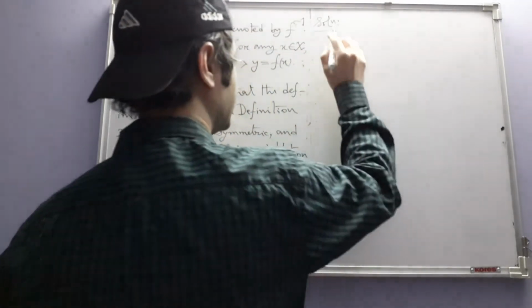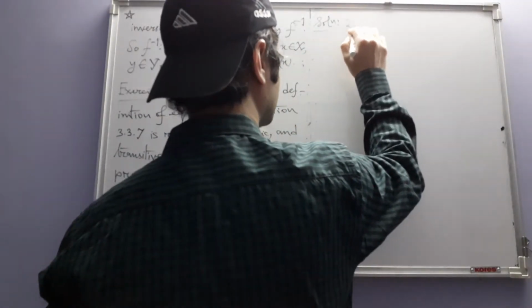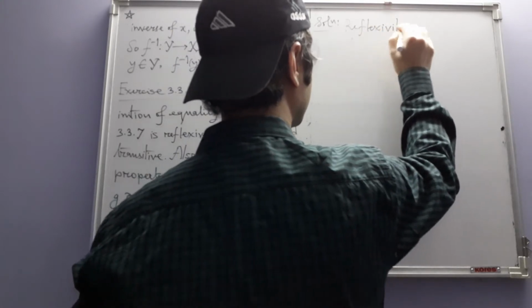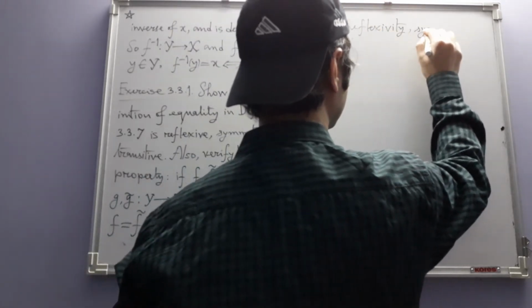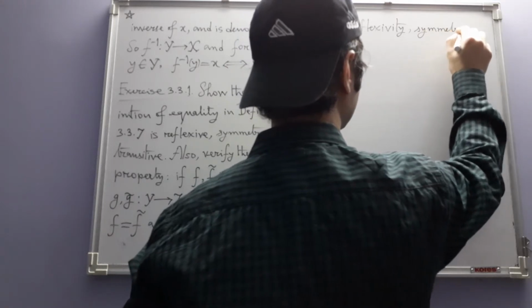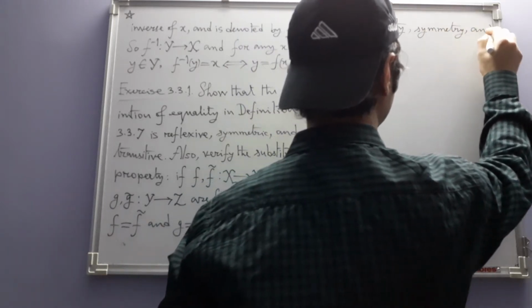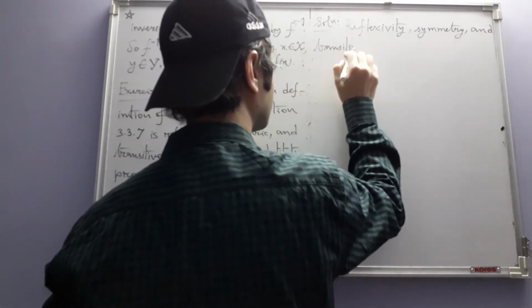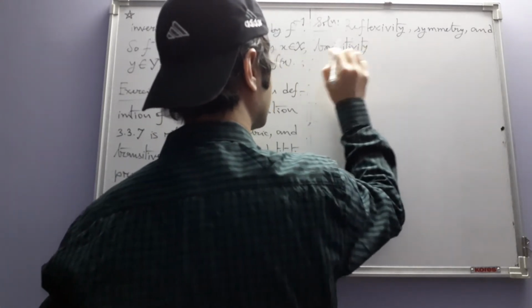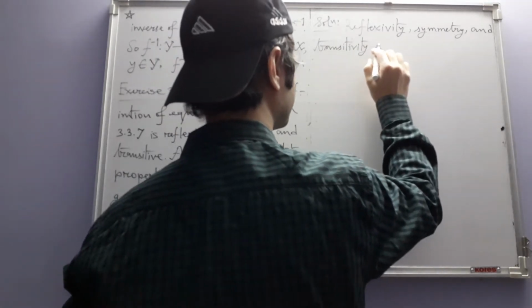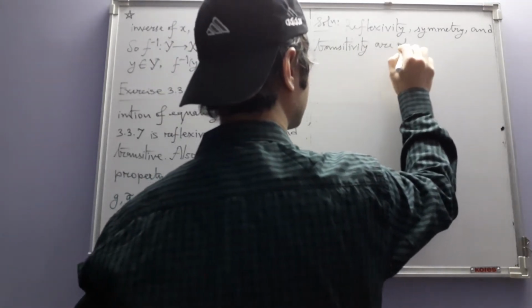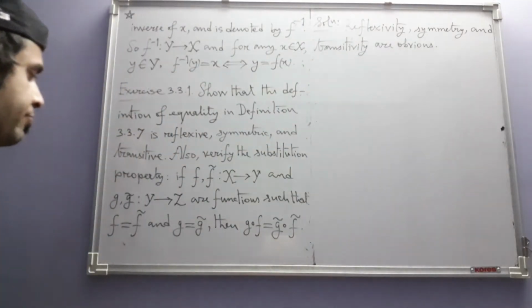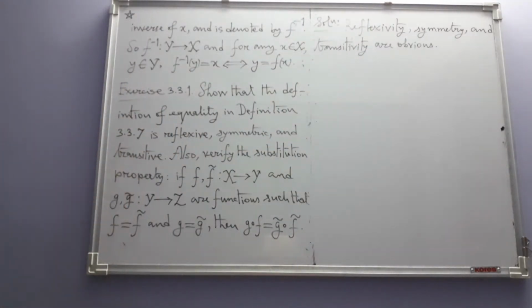So we write reflexivity, symmetry, and transitivity are obvious. Now we look at this property.